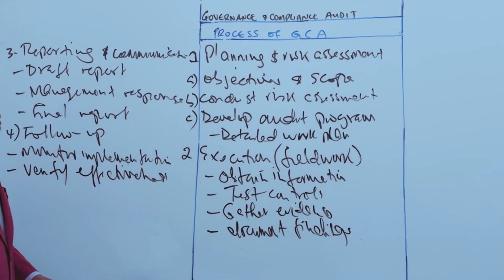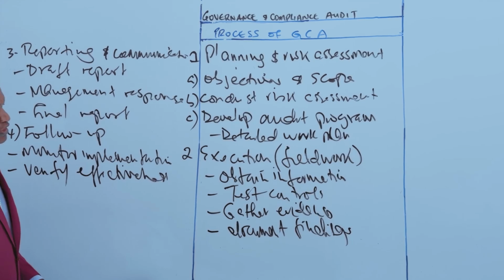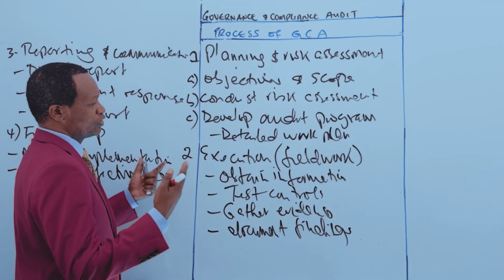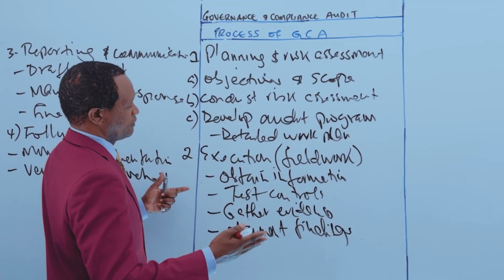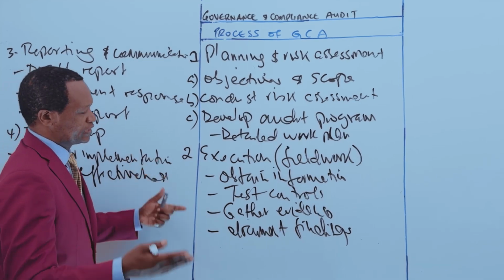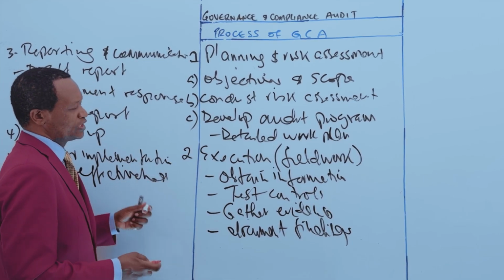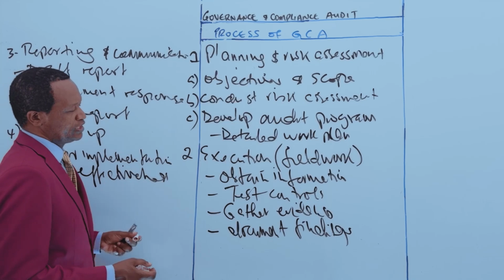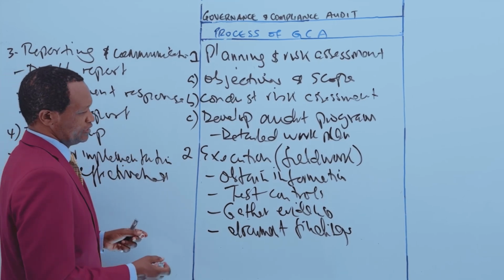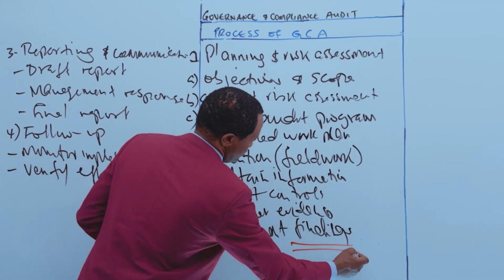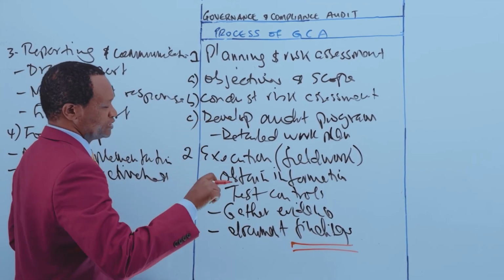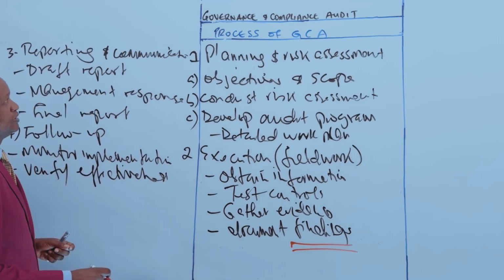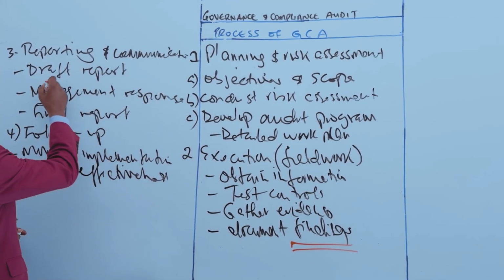The auditors are required to give an assurance, an opinion as to whether, for example, the company is complying with laws, regulations, international treaties, and so on, including internal policies. After conducting the audit, the auditor may make a finding that the company is not complying with laws or regulations. The auditor then documents the deficiencies and makes recommendations in the final report.